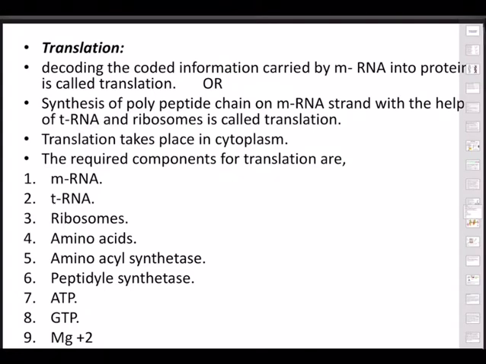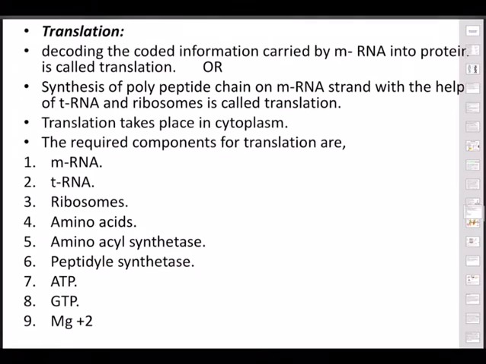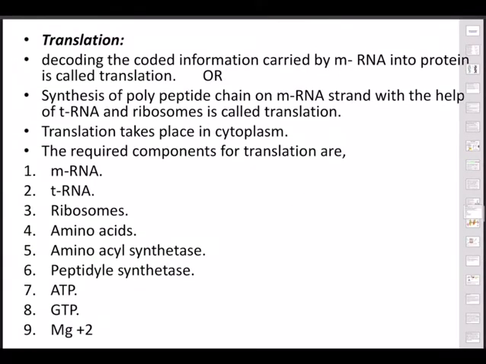So the code language which is there in DNA that comes to mRNA has to be decoded. And for decoding this genetic information, we require certain things. What are those? First and foremost is mRNA, messenger RNA. Second, tRNA, transfer RNA or transportation RNA.